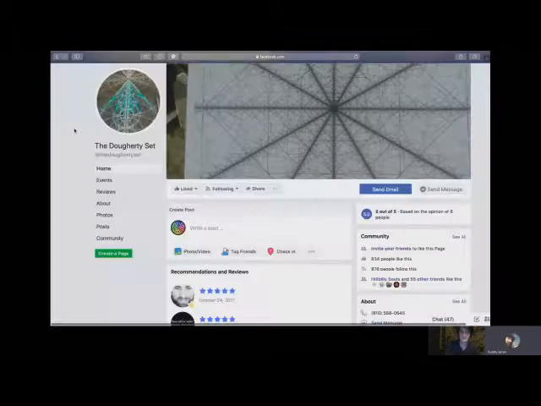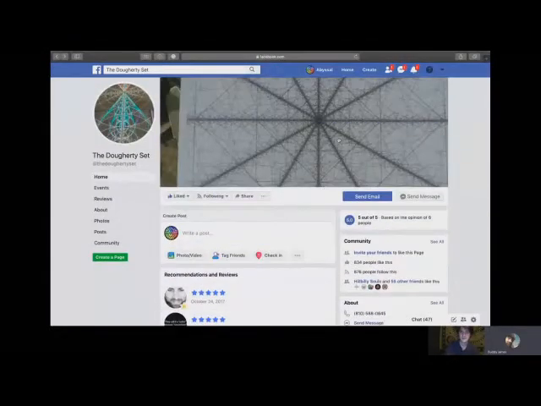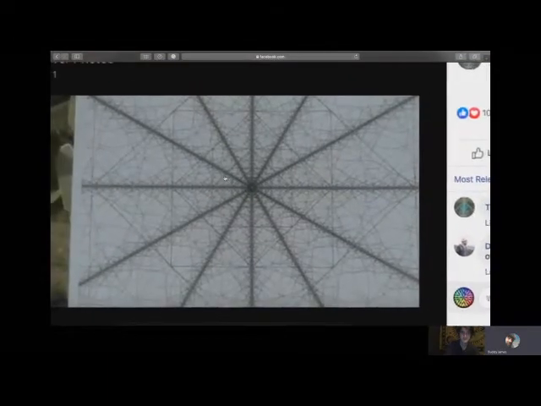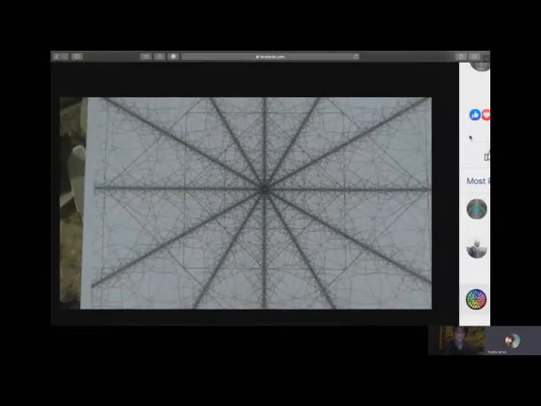That's why I put it there in plain sight, literally right on the Dougherty set front page. It looks kind of boring and bland, but hey, dude, it's actually... Oh, it's beautiful. I rarely show that image of the breakdown because it shows off so much of the information within the set.